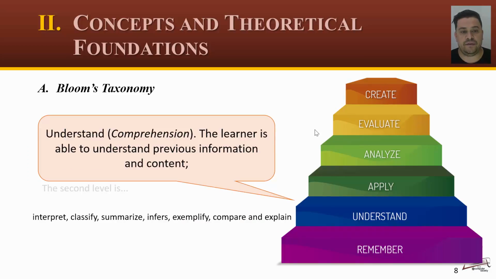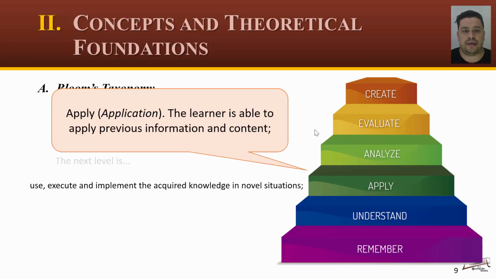The second level is understand or comprehension. The learner is able to understand previous information and content. The next level is apply or application. The learner is able to apply previous information and content.